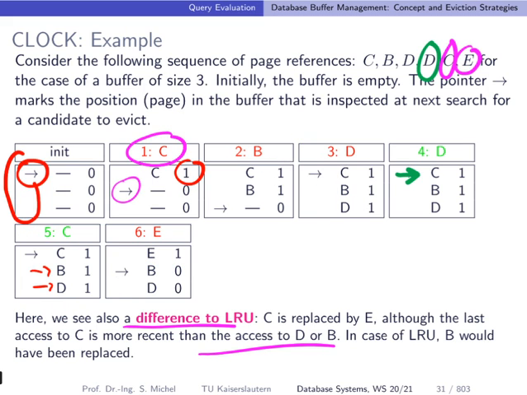Well, we are at this point in time. We want to access E. What were these 3 pages we have accessed previously? Well, C, D, and B. So among C, D, and B, obviously B is the oldest one, so LRU would have eliminated B, but here in clock we eliminate C. That's a difference.